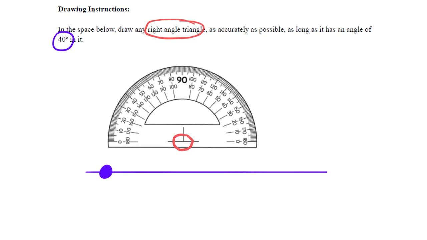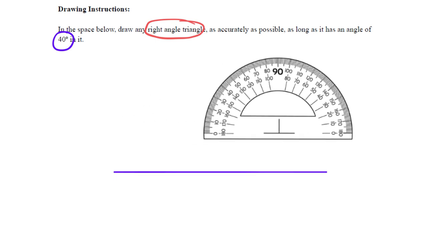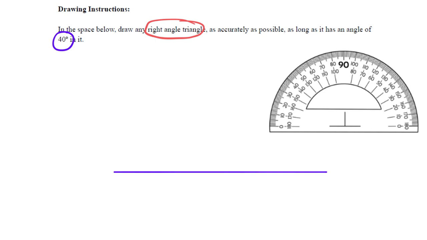Because my purple splotch is so big, I lose accuracy. So what I want to do is minimize how big I draw that. So I am going to put a small little tick.